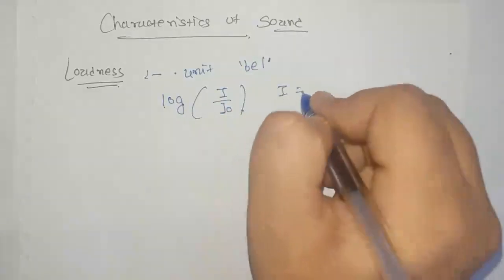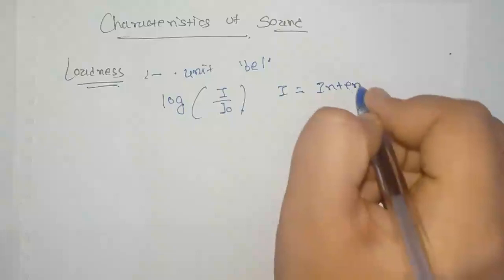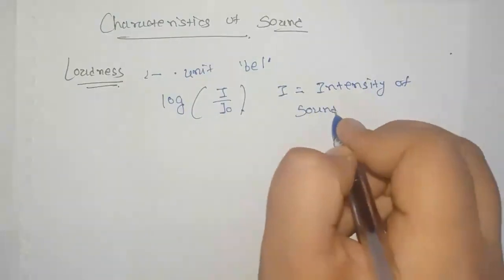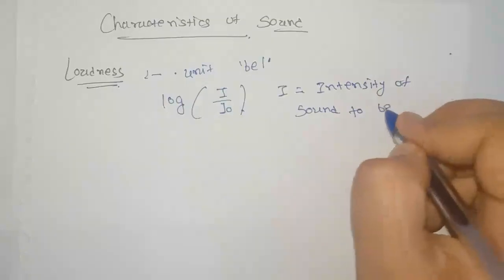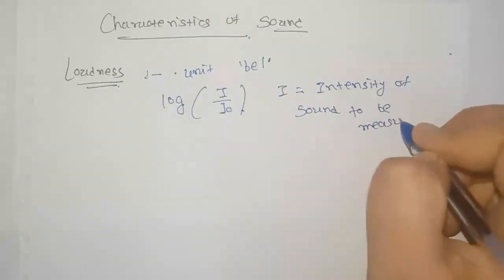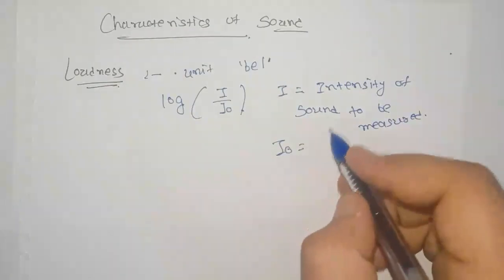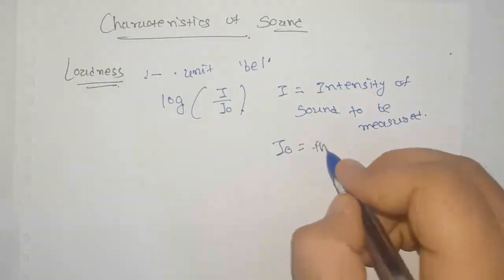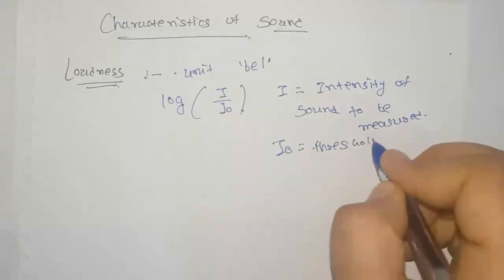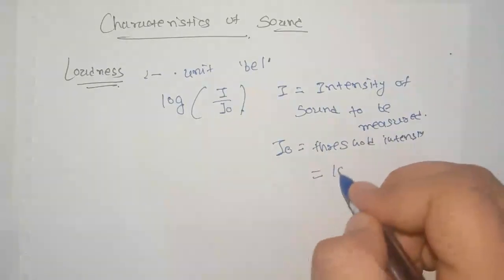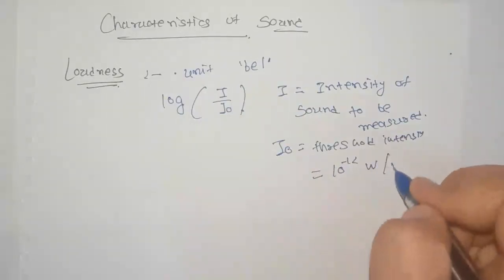This I is the intensity of sound to be measured, and I naught is the reference intensity or it is also called the threshold intensity. That is 10 power minus 12 watt per meter square.